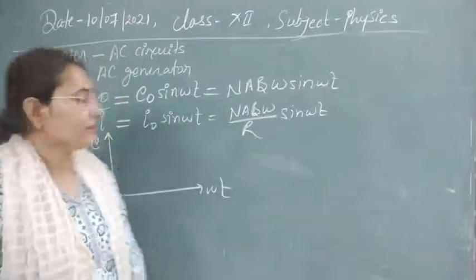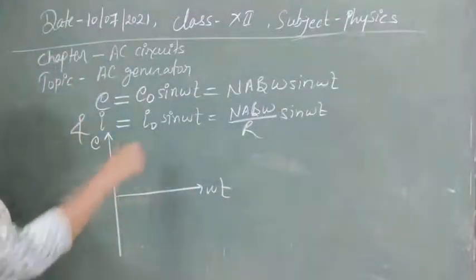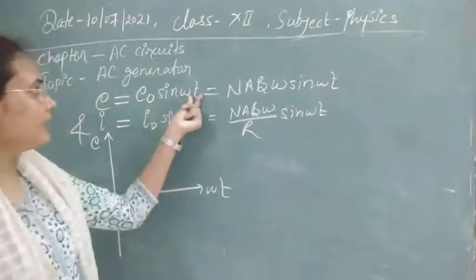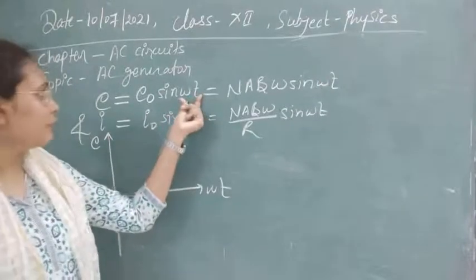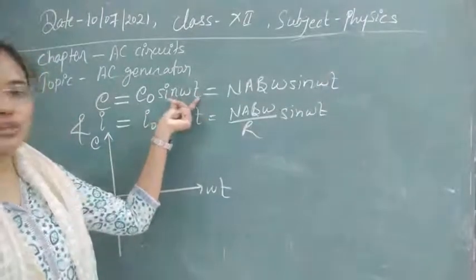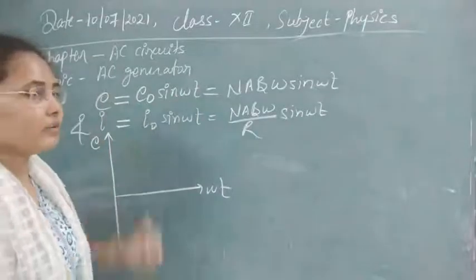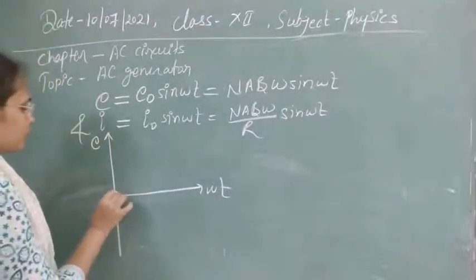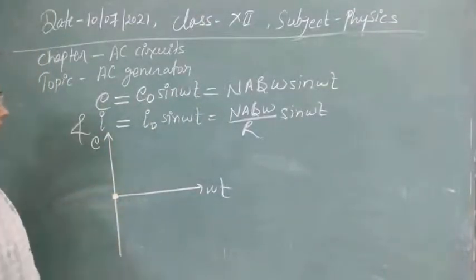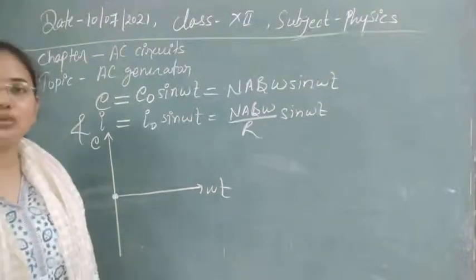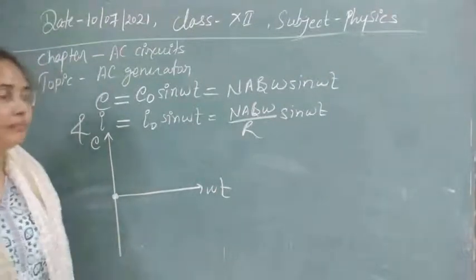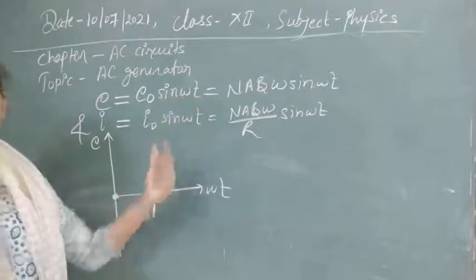For t equal to 0, sine 0 will give you the value 0. So the production of the AC will start from here, and its magnitude is 0 for t equal to 0, whenever the rotation has not begun.